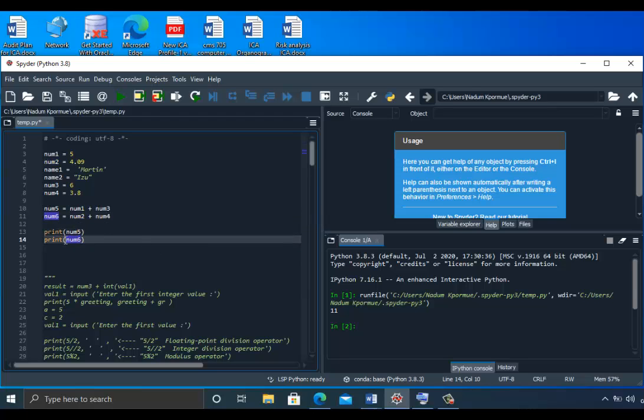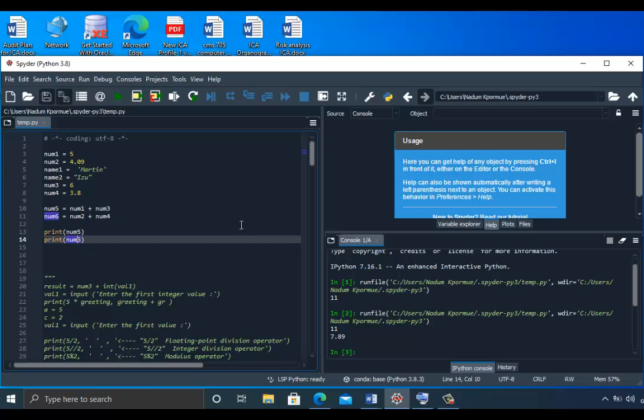Now note that I had to create two print statements on two different lines, on line 13 and line 14, because of what I want to display. So I'm going to run this program and let's see what the results are. So we have the first result as 11, then we have the second result as what? 7.89.